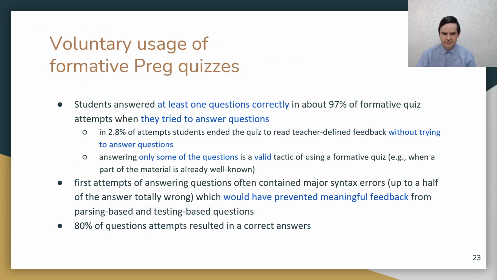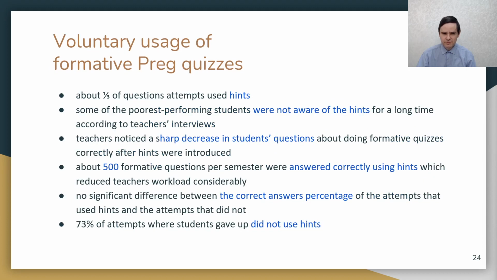Most of the time, students were able to find the correct answers to the formative questions without using teachers' help. Some of those attempts started from very wrong code, which would have prevented meaningful feedback by other methods of automated grading of program code. About 1/3 of the attempts used hints.